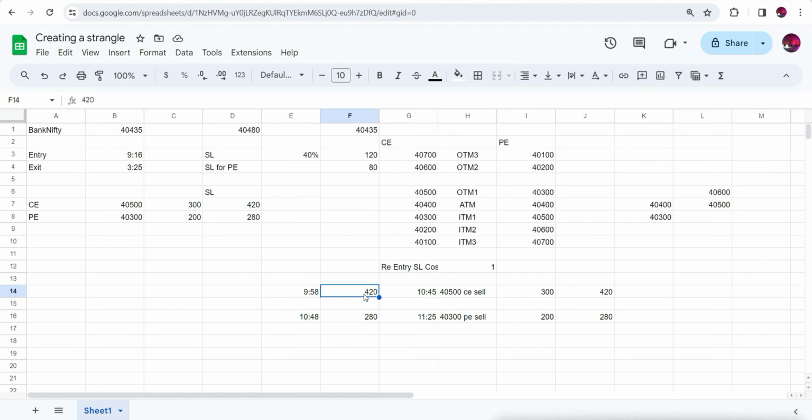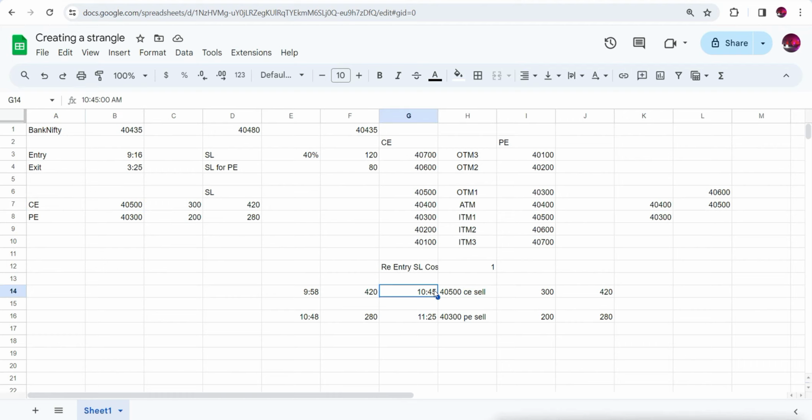Now re-entry at cost will wait to see if the price comes back again to 300 after our stop loss hit. If the price comes back to 300, it will re-enter. Now assume at 10:45 the price came back to our initial entry price, that is 300. At 300, re-entry at cost immediately sells the same 4500 CE call.